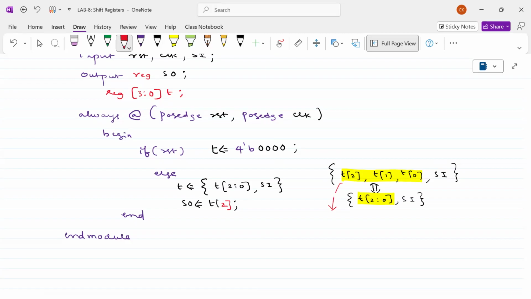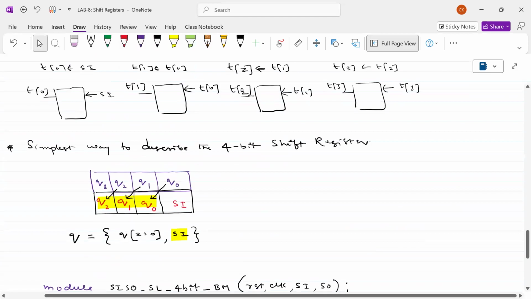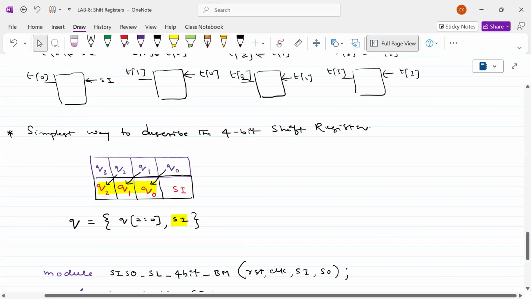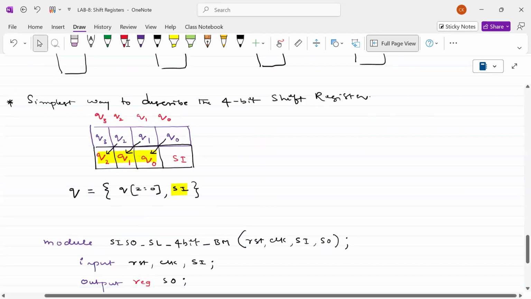So these are the positions actually, right? This is the Q3 position, this is the Q2 position, this is the Q1 position, this is the unit position. Now we would like to take the Q0.